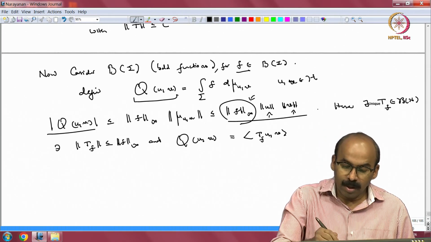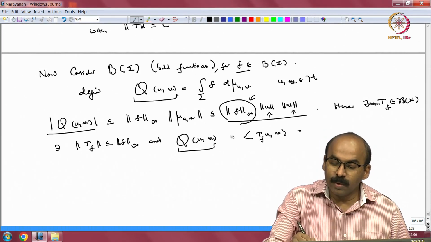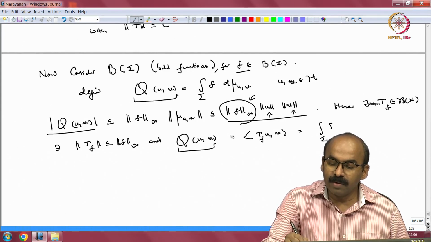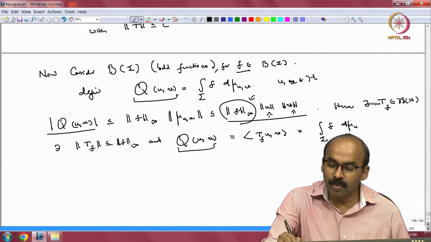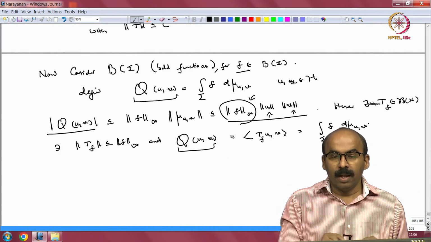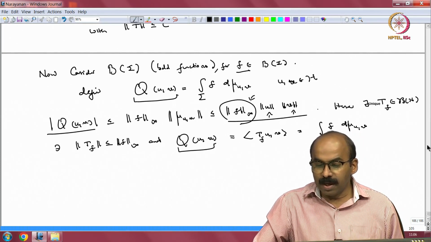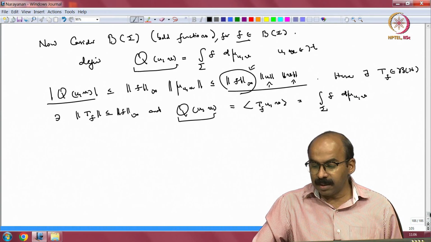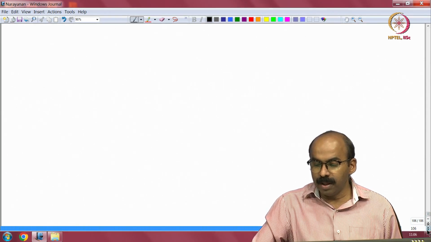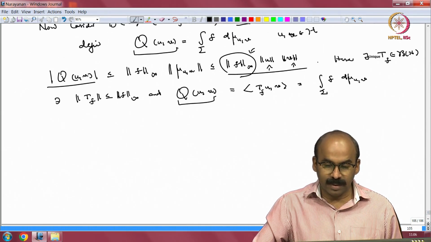Okay. So, remember this is an integral. So, this is equal to the integral over sigma of f d mu u v. Okay.